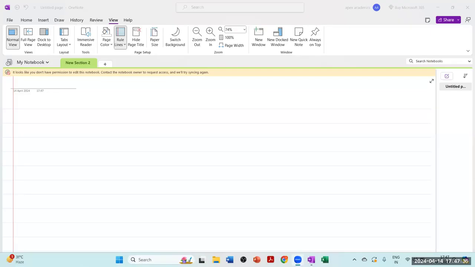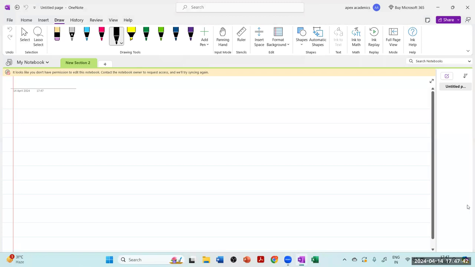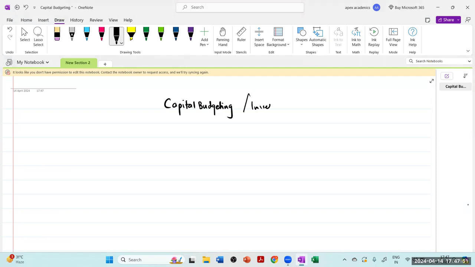So the name of the chapter is capital budgeting. And what is this chapter all about? What are we going to learn in this particular lesson? When I say capital budgeting, or investment decision making, what do I deal with in this?